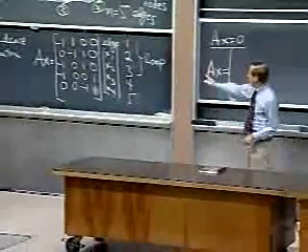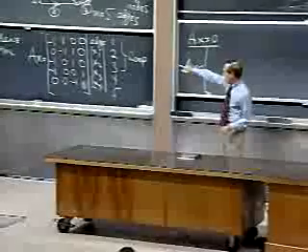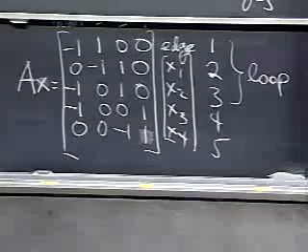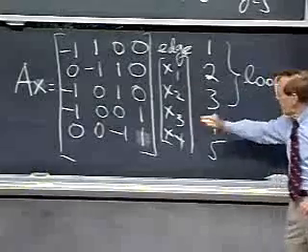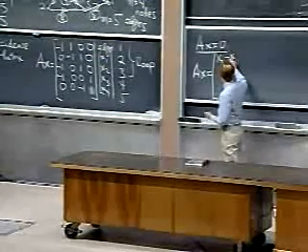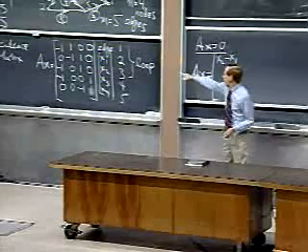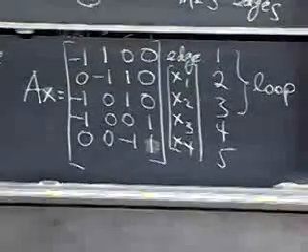Ax equals, what's the first component of Ax? Can you take that first row, -1, 1, 0, 0, and multiply by the x, and of course you get x2 minus x1. The second row, I get x3 minus x2.